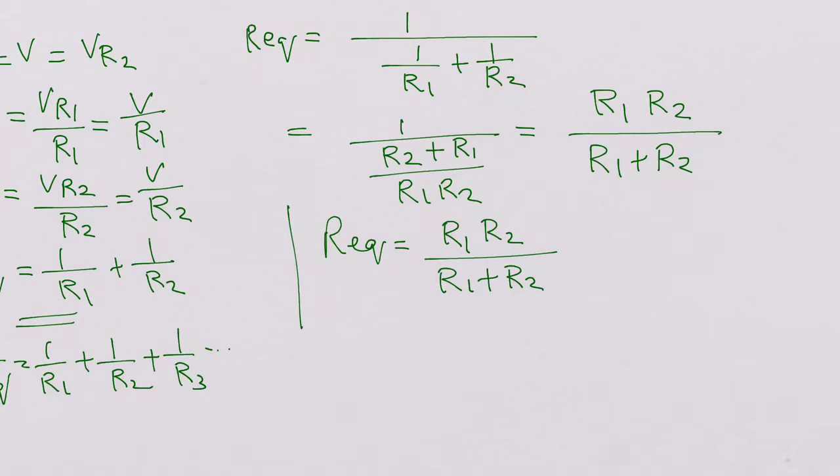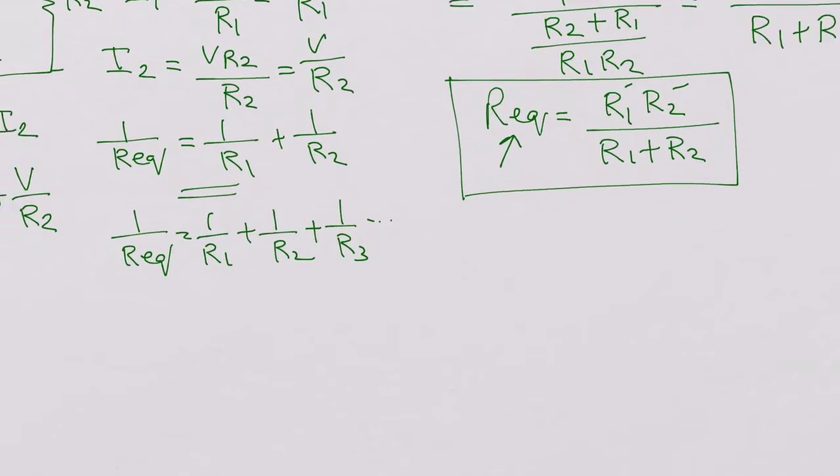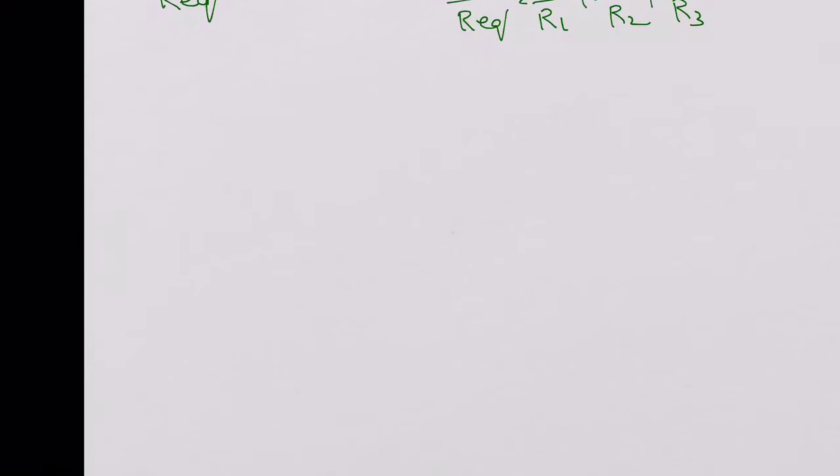Now if you look at this equation, we will see that the R equivalent would be smaller than both R1 and R2. So now let's take an example and see what the equivalent resistance would be.